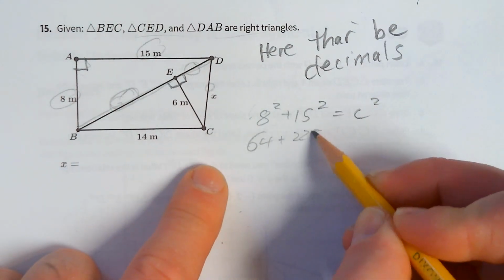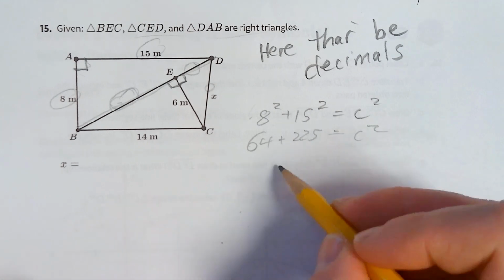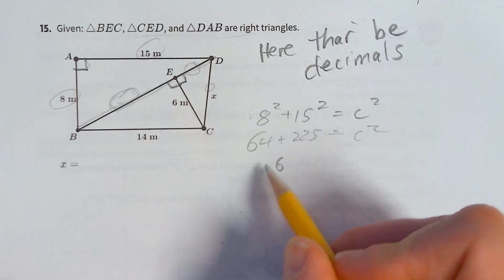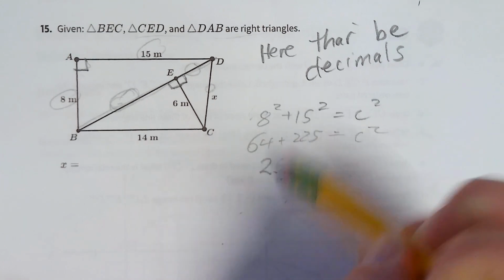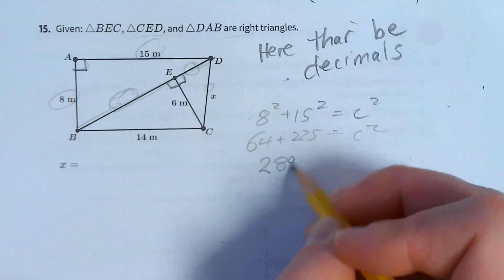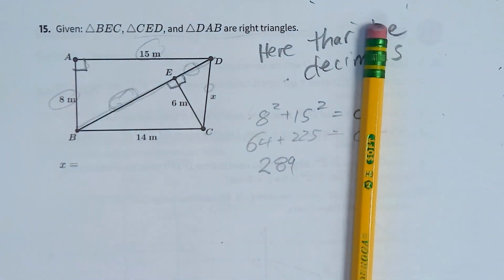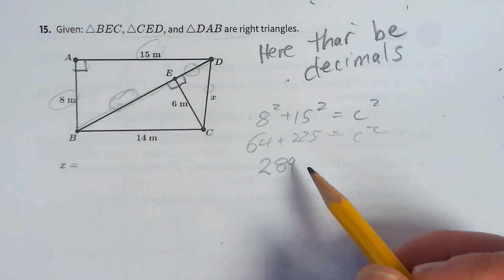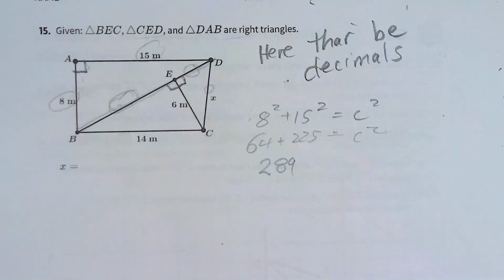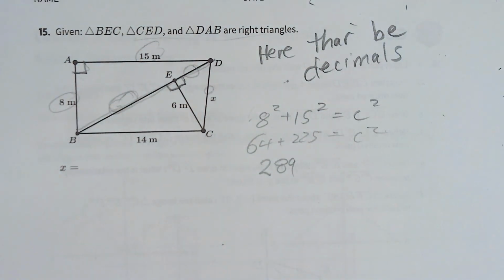64 plus 225 equals C squared. 289. Is that a square number? Hey Google, what's the square root of 289? You don't have any internet, Google? Bad Google.